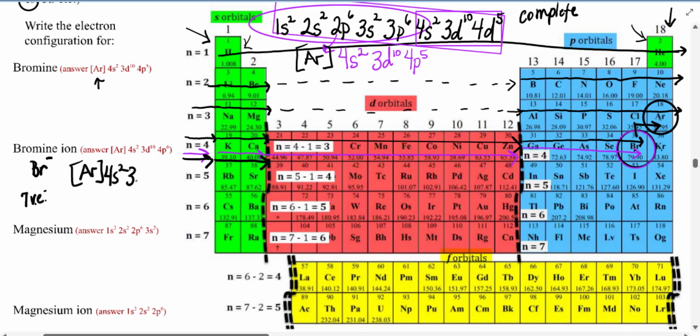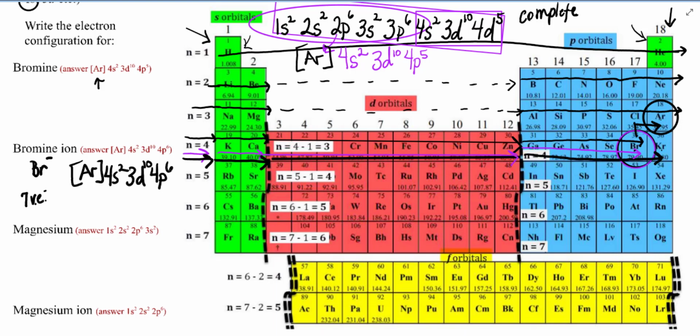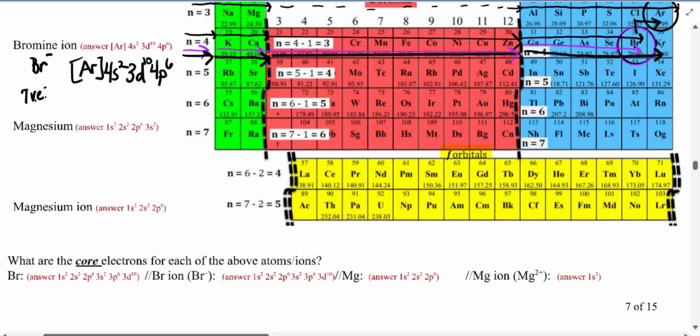Then 3d, going through all 10 to zinc, and then we enter the 4p, and all 6 are filled, because it looks like krypton: 4p6. Okay, I'm going to let you guys do the rest.